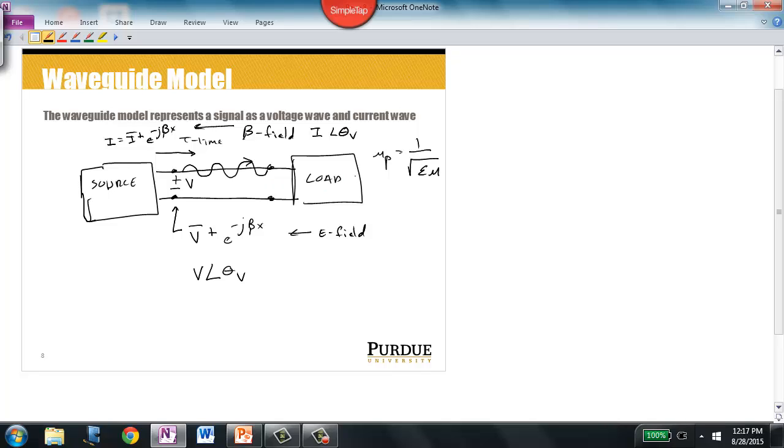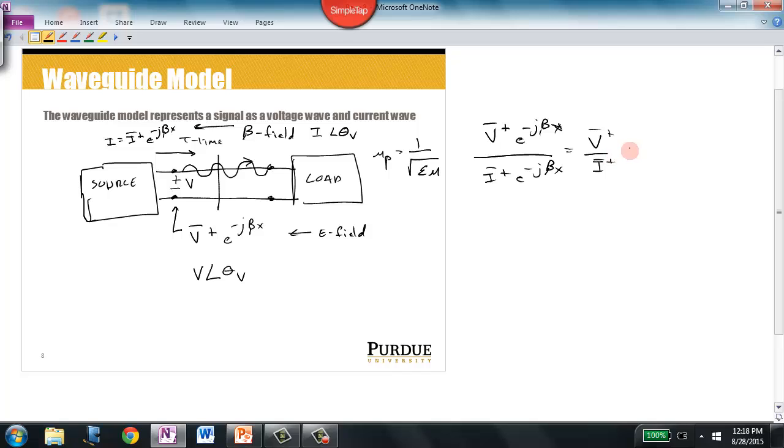At any point, if we were to pick a fixed point, just any random fixed point along the transmission line, the ratio of the voltage wave V bar plus e to the minus j beta x to the current wave I bar plus e to the minus j beta x, which you can see simplifies just down to V bar plus over I bar plus.